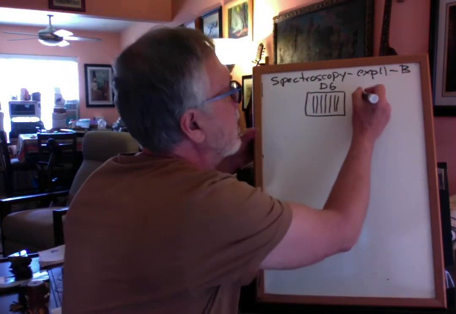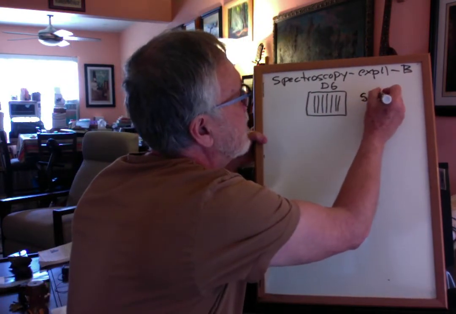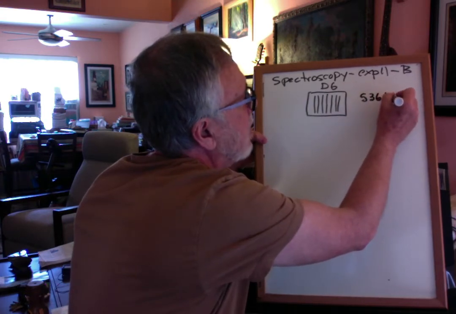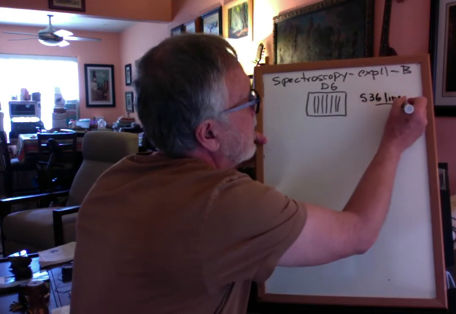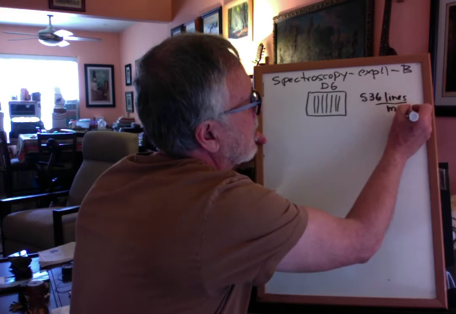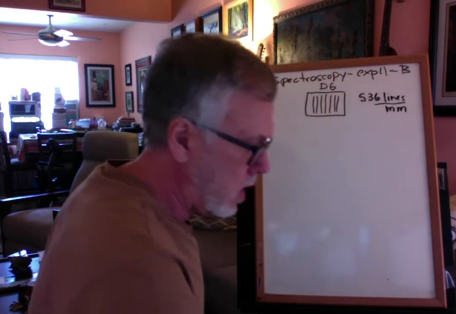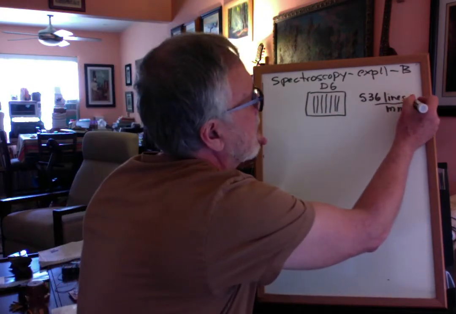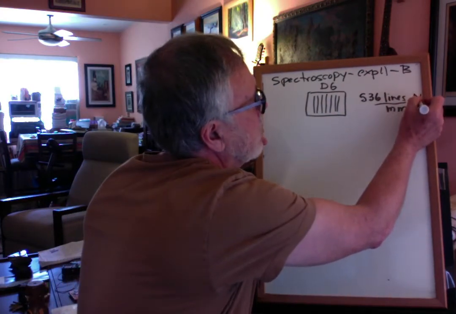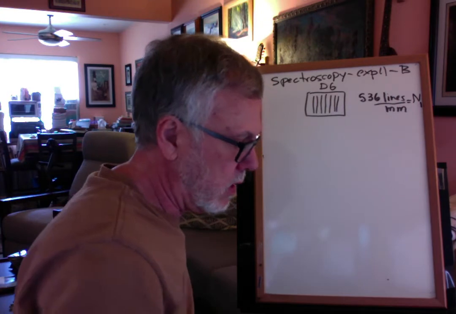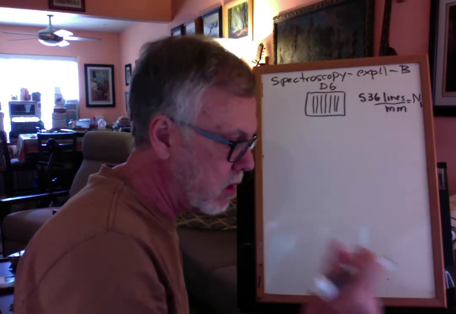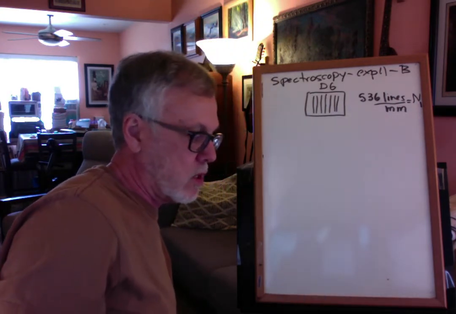And so for this particular one, it's 536 scribed lines for every millimeter. And so looking at this, that is your N1 value. So you can just write that down where it says N1 equals the number of lines per millimeter, right below tables 1 and 2.